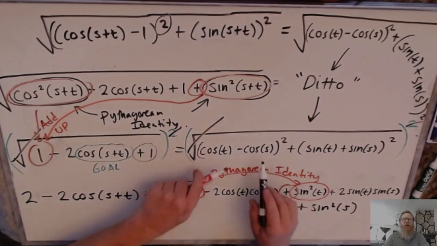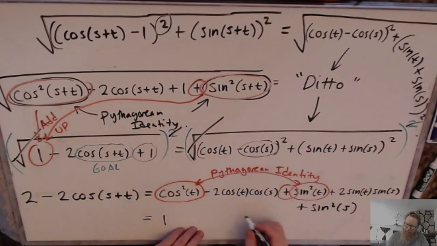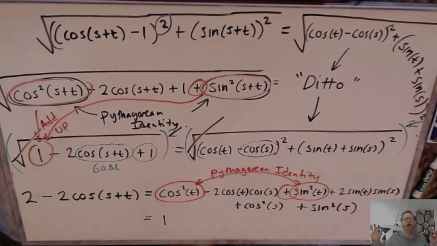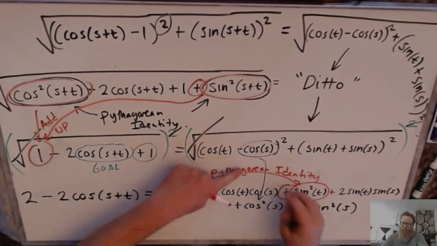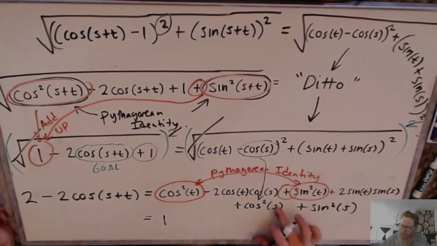Oh, we're missing a term. We have another cosine squared s. Whew! I'm glad I caught that. Almost lost one of my terms there. I'm getting real low on space here, so I'm not going back and starting over. This is it.